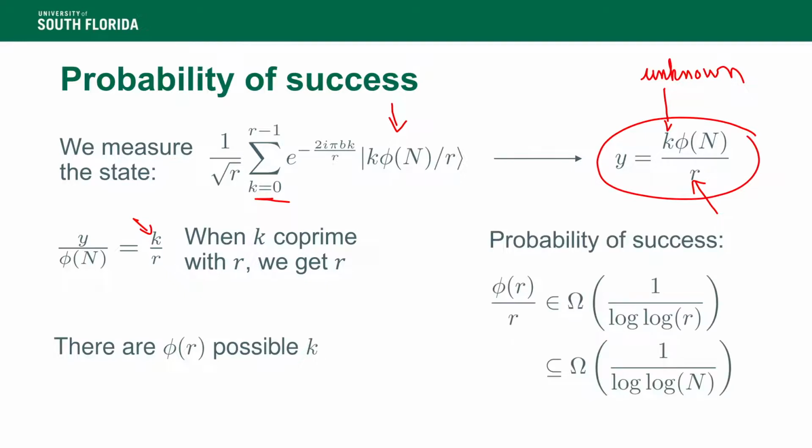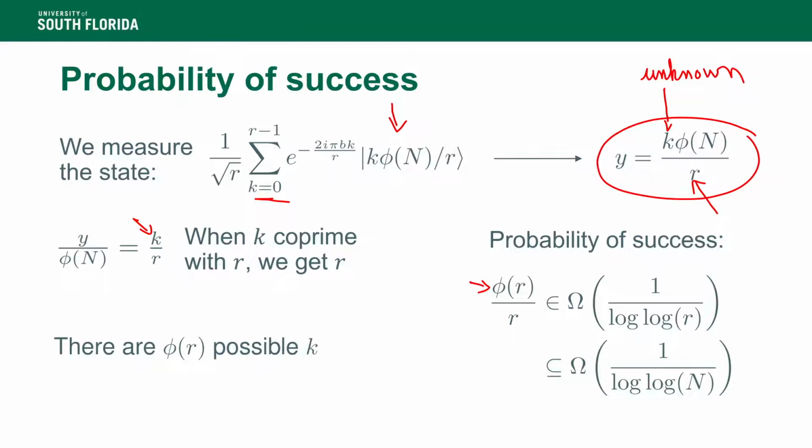So the probability is simply at least phi of r over r, and we know estimates. The behavior of the function phi is of course very elusive, but we have at least pessimistic estimates telling us that that probability is going to be at least 1 over log r, which in turn is at worst 1 over log n, okay?